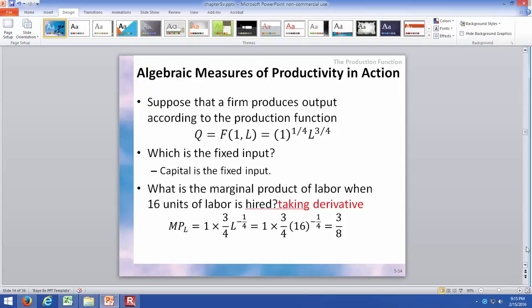Here we are taking the derivative of Q with respect to L, and that gives you 3/4 L raised to 3/4 minus 1. So that gives you 3/4 L raised to minus 1/4, and for 16 units of labor the answer you get here is 3/8.